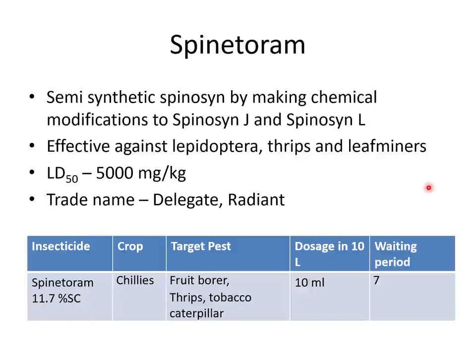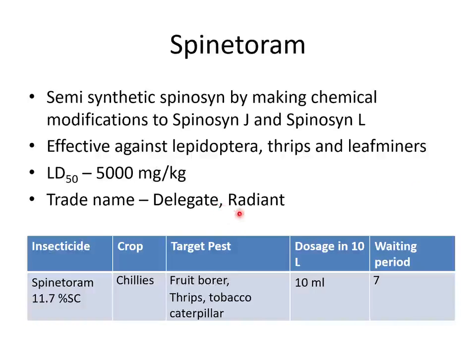It's not purely synthetic, it is semi-synthetic. Similar to spinosad, the activity spectrum is almost similar. It is translaminar in nature, effective against lepidopterans and thrips. LD50 is greater than 5000 milligram per kg, that's why it is green labeled. We have several trade names, Delegate and others, but nowadays in the Thrissur area, one new trade name is available, that is Summit, SUMMIT.